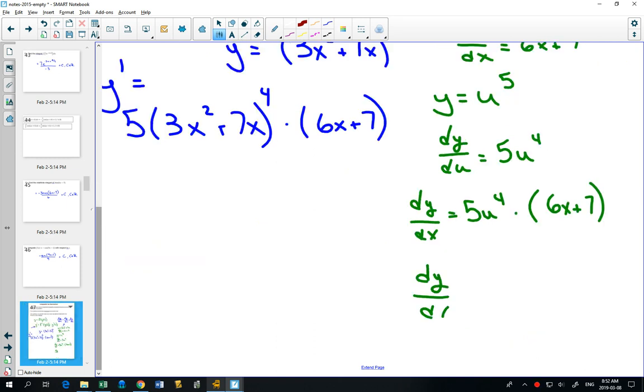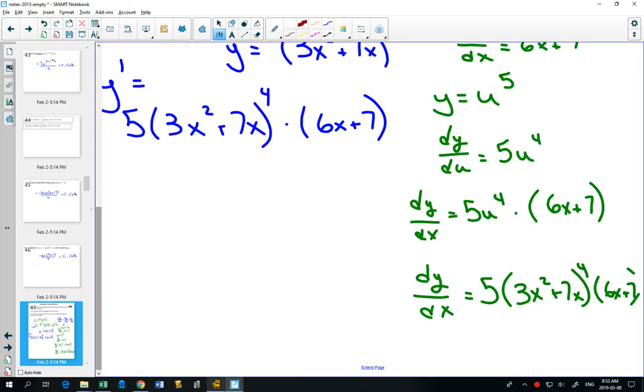So dy dx equals 5, and instead of u, I could write 3x squared plus 7x, to the 4, times 6x plus 7. Can you see why we said this method sucked for the derivative? Because now that you've done lots of chain rules, you can just go to the answer directly instead of having to do an extra 15 lines of work.